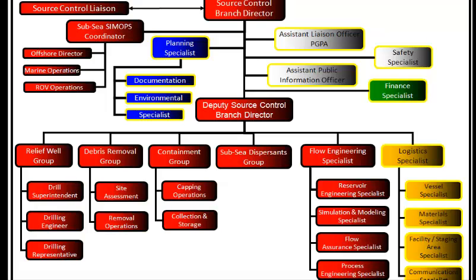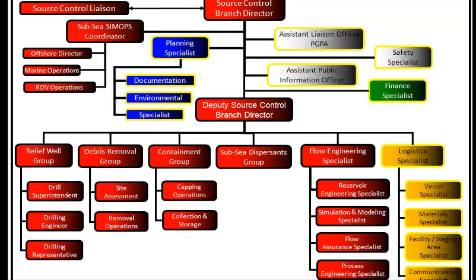So under the source control branch director, and source meaning is the source, this particular one is the source of a deep water subsea well control issue, and so this is a well source control branch.